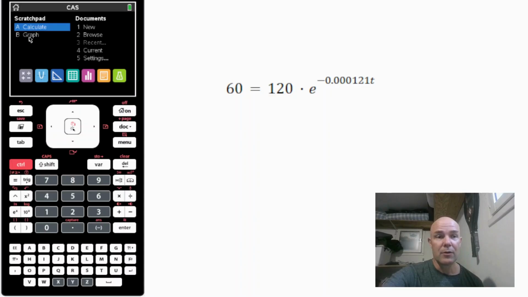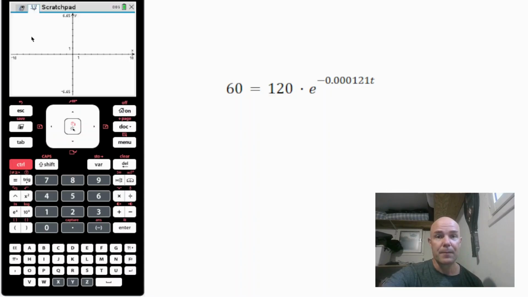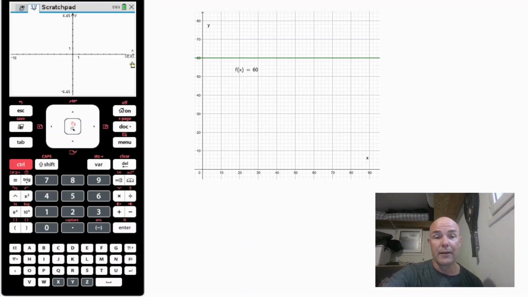So we will of course choose graph here. And how you solve equations graphically: you graph as function number one whatever is on the left hand side of the equation, and function number two is whatever is on the right hand side of the equation. So on the left hand side we have y equals 60. That's a horizontal line at y coordinate 60.